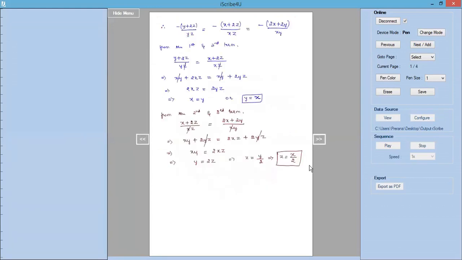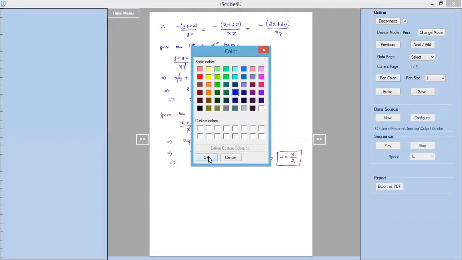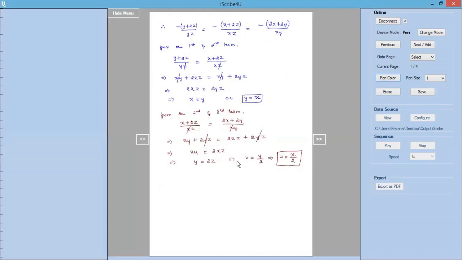So here we are going to substitute the value of y and z in terms of x.